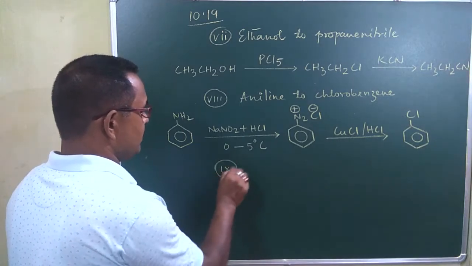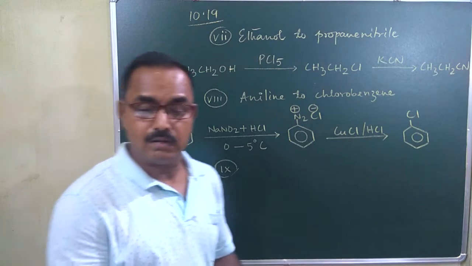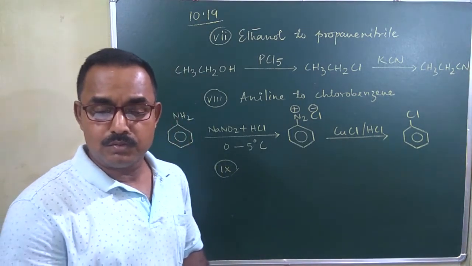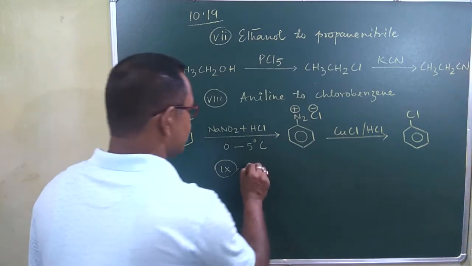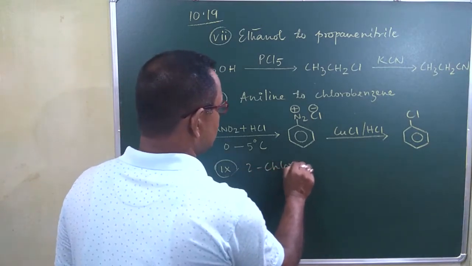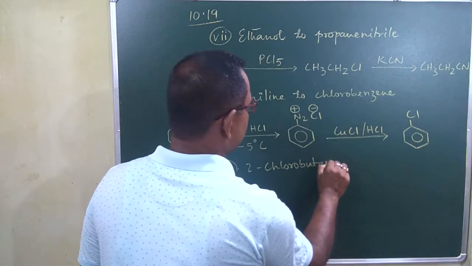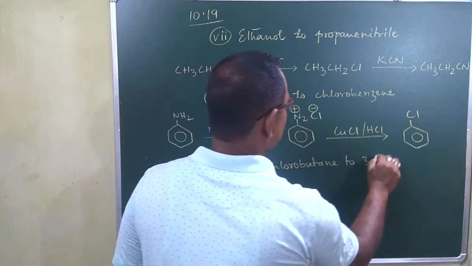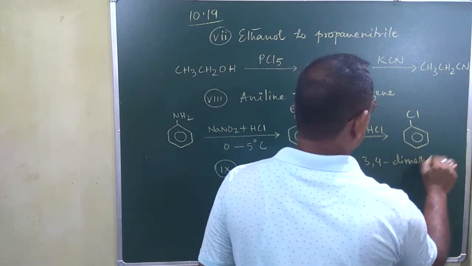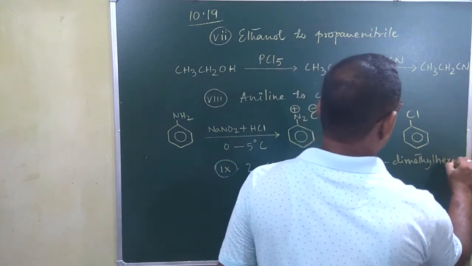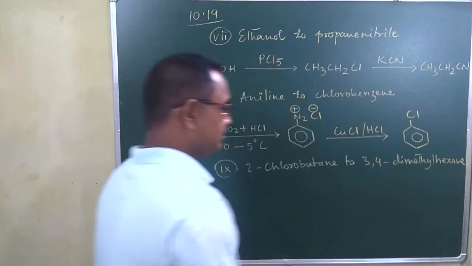Then come to 9. 2-chlorobutane to 3,4-dimethyl hexane.